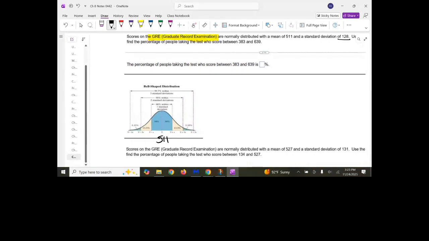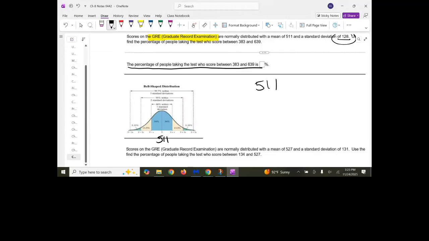Now look at what they're telling me: my standard deviation is 128. We want to find the percentage of people who took the test and scored between 383 and 639.